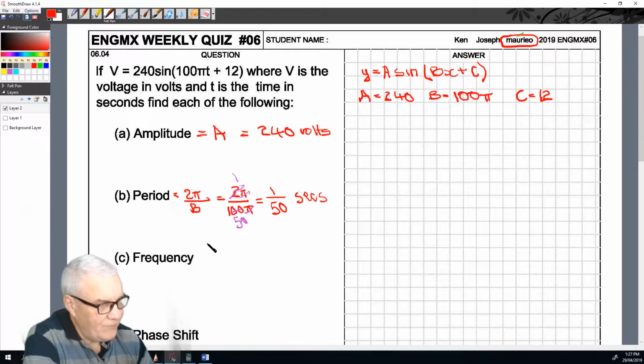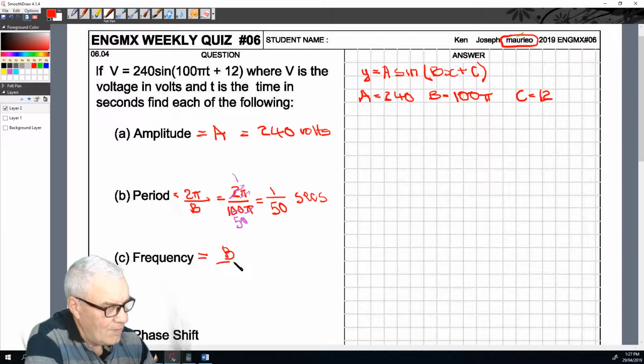Okay, now frequency is actually equal to b over 2 pi.